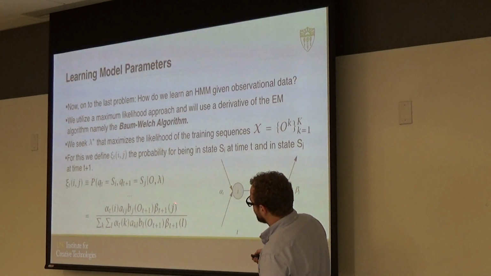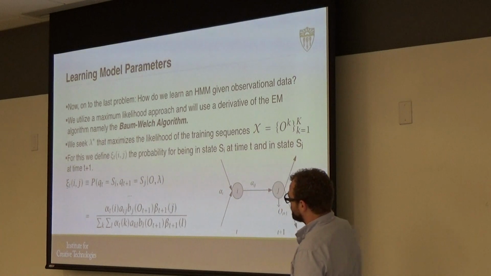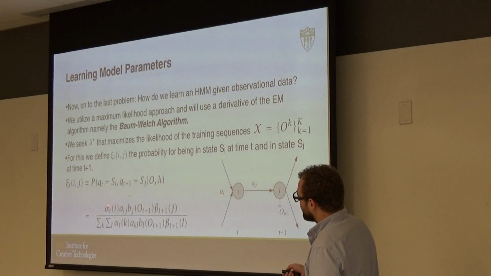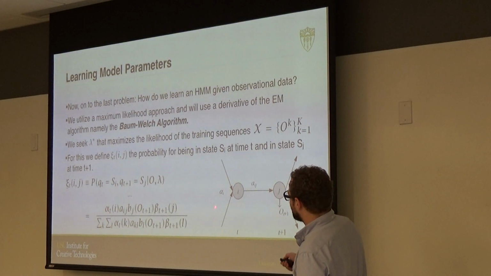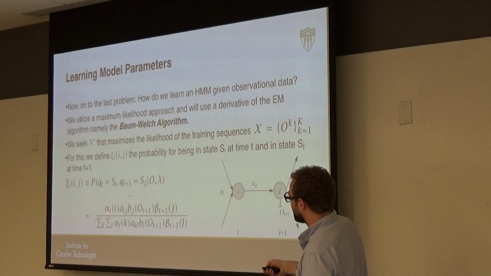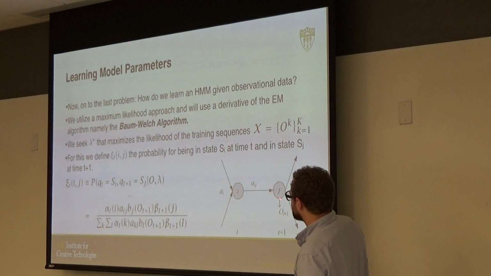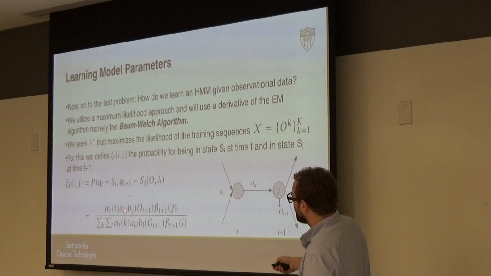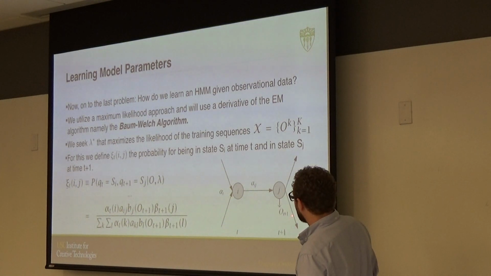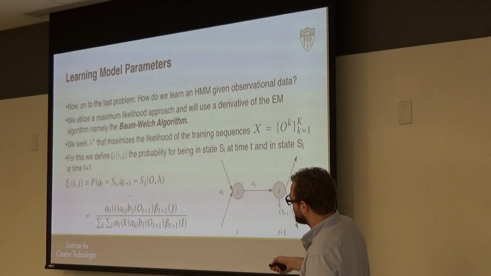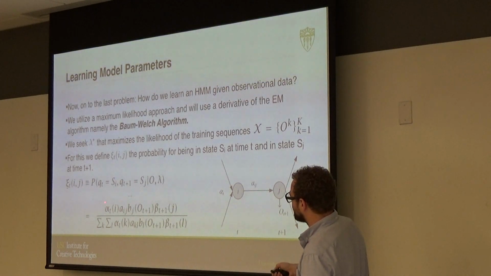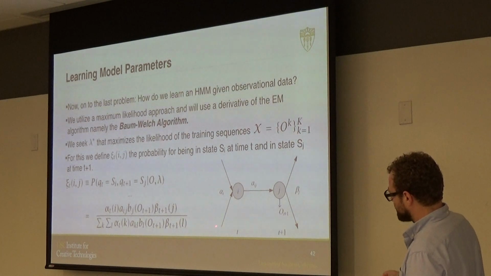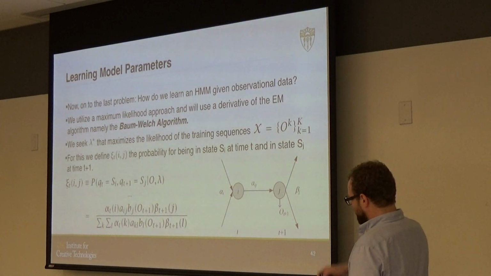Now it becomes clear why we needed these two variables, alpha and beta. We compute everything that's happening until this point through our alpha, and everything that happens after this point through our beta, and then we just need to multiply in our transition probability and the emission probability, or the observation probability, of observing this thing here, and normalize the whole process.